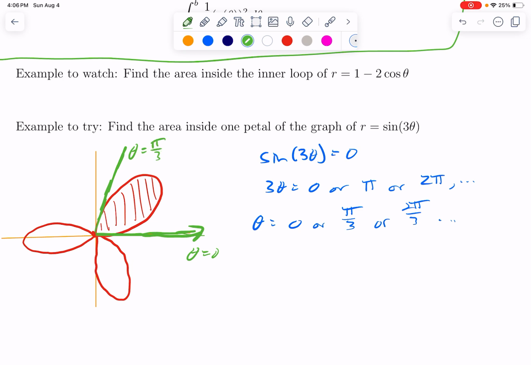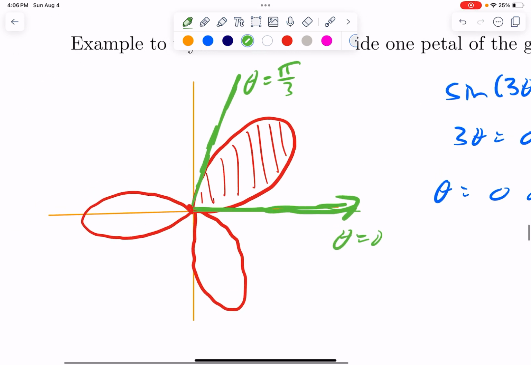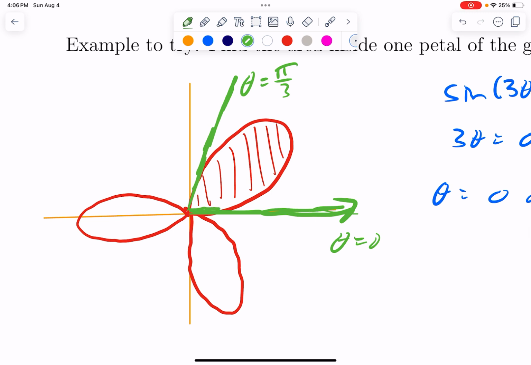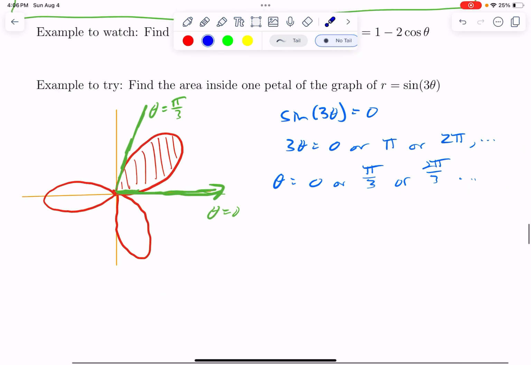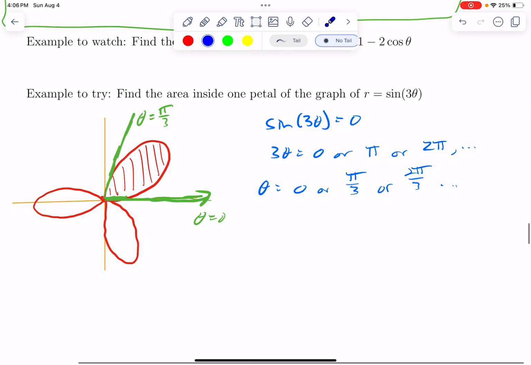I will point out what happens after pi over 3 is that the sine values become negative. Positive values of sine of 3 theta until we get here, then they become negative, so it goes over. I think I've drawn this poorly, actually. Don't worry about that.